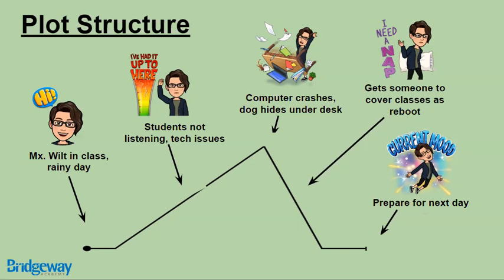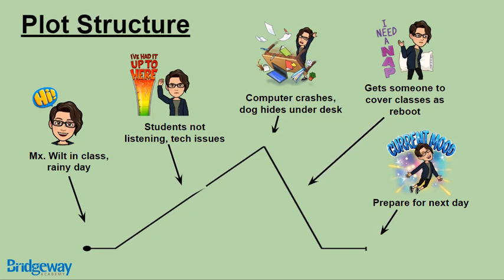And then finally, in the middle of the class, when Miss Wilt is talking about something super important and nobody's even listening, her computer crashes and her dog runs and hides under the desk because now there's thunder and lightning outside. And Miss Wilt gets so upset that she flips her desk and says, well, now I can't even avoid the fact that I'm having a bad day, right? Everything's going wrong.